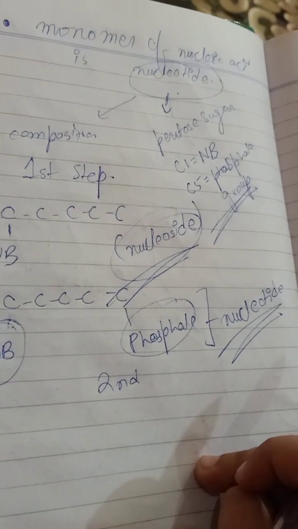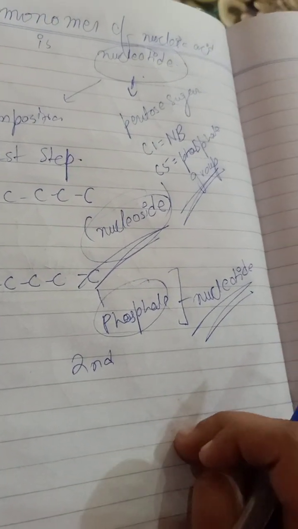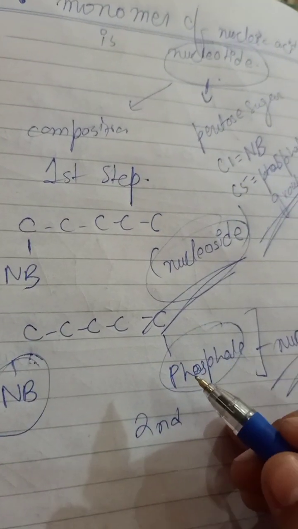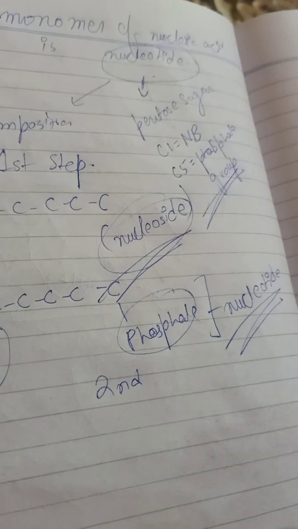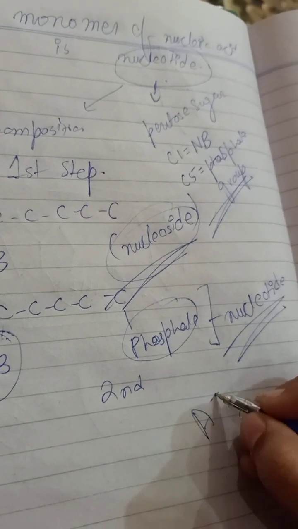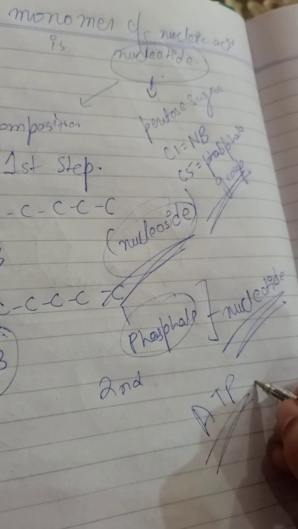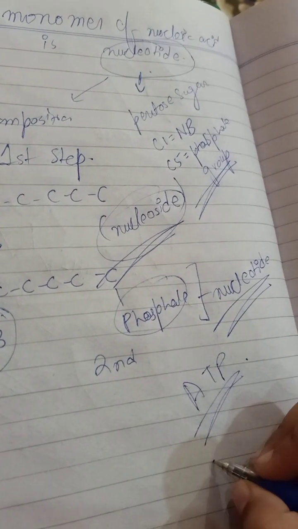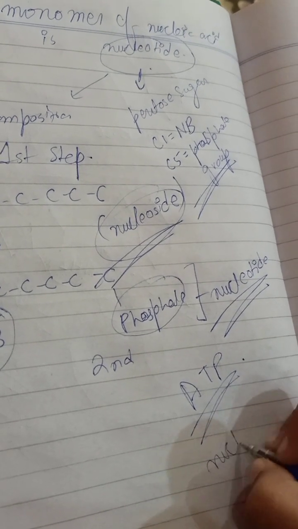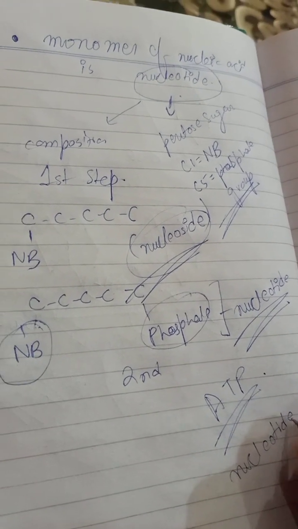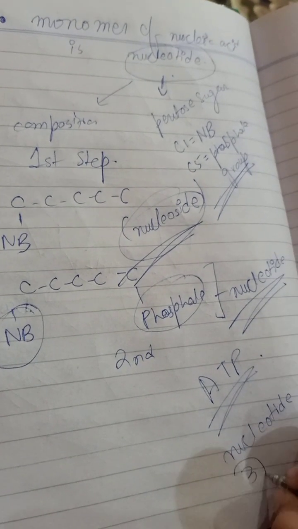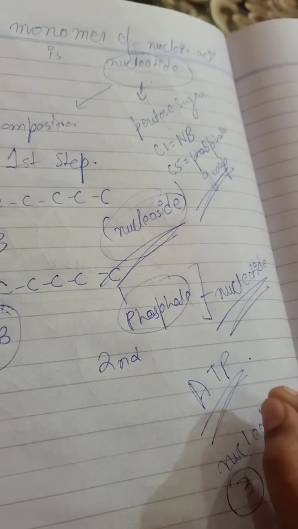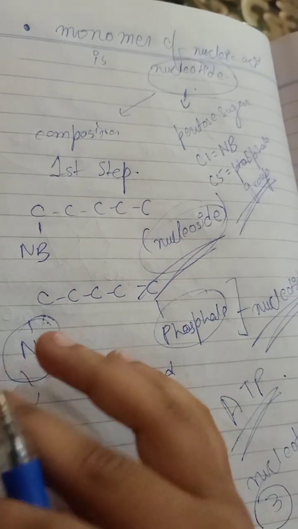In the next videos we'll also be learning about ATP. What does ATP mean? ATP is a nucleotide with 3 phosphates, adenosine triphosphate. The nitrogenous base can be whatever base.